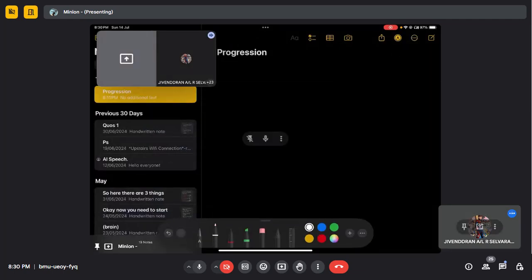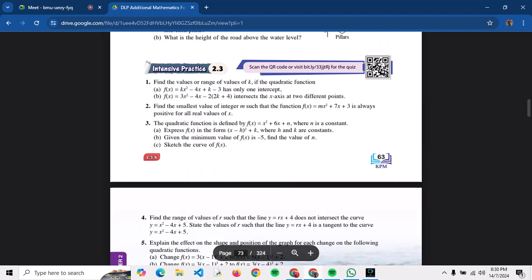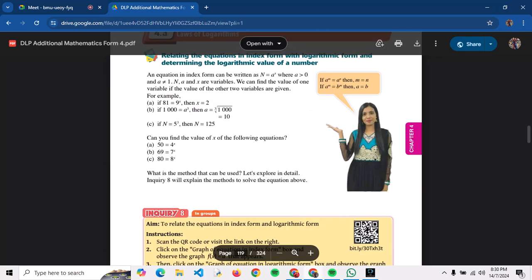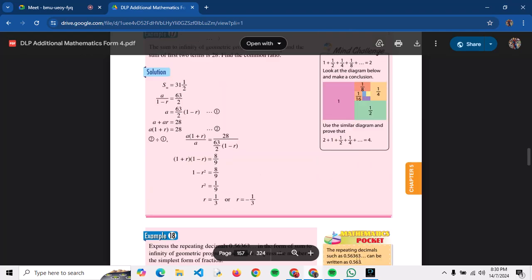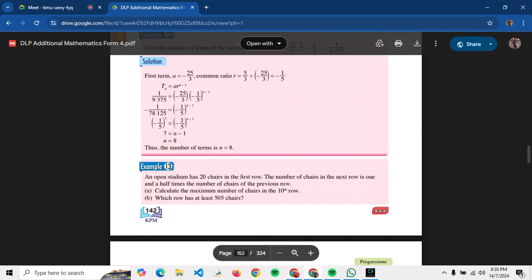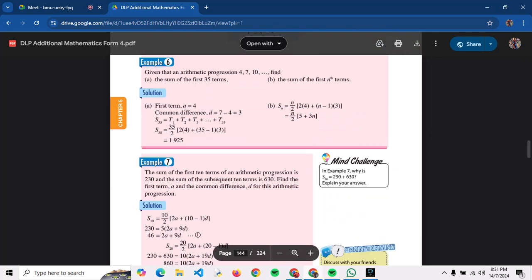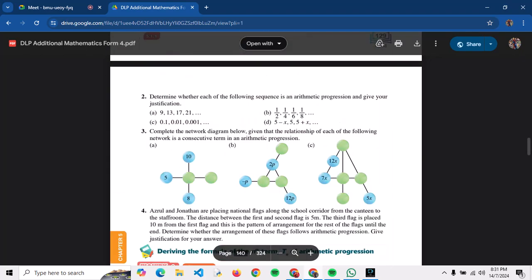So this one. The common difference B is equal to log A to the power 4 minus log A squared, equivalent to log A to the power 4 minus log A to the power of 1.